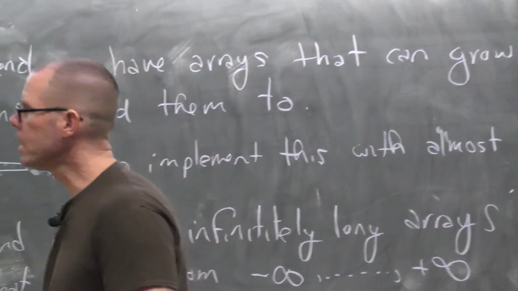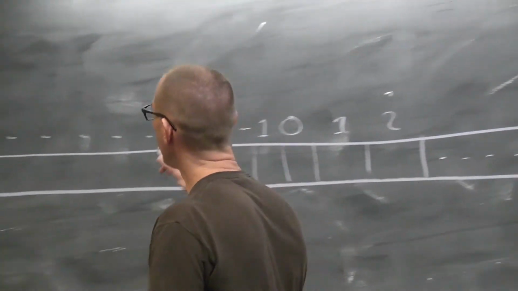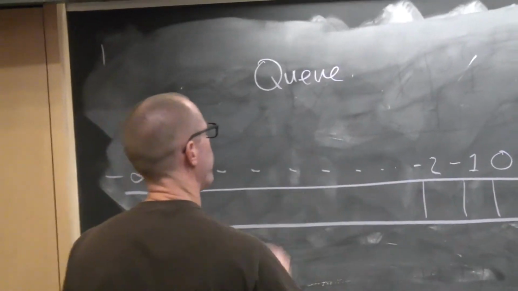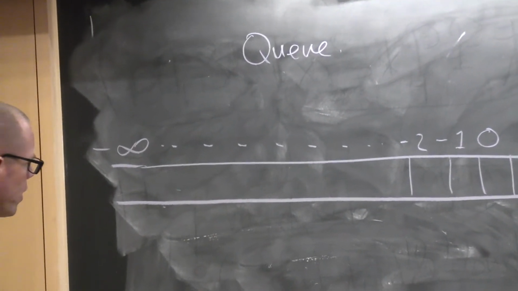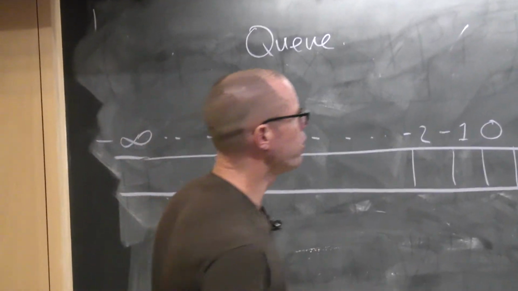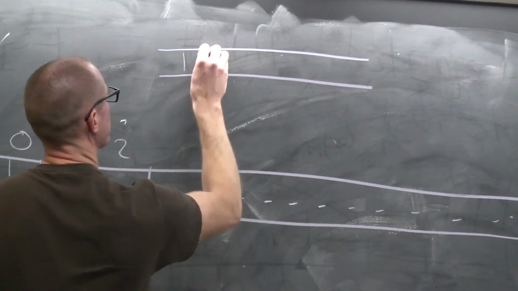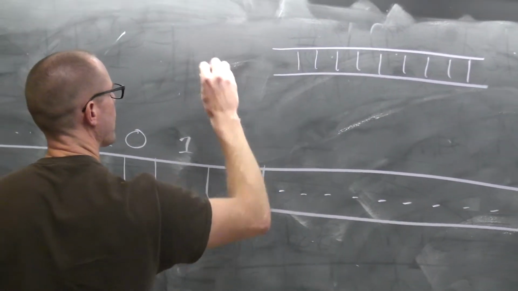And let's say we want to implement something really simple, like a queue. So a first in, first out queue. Imagine it's this tube.